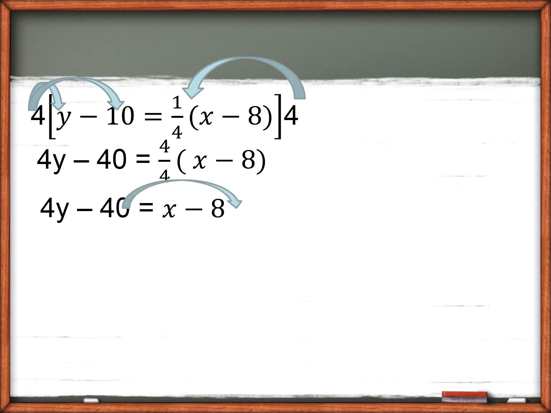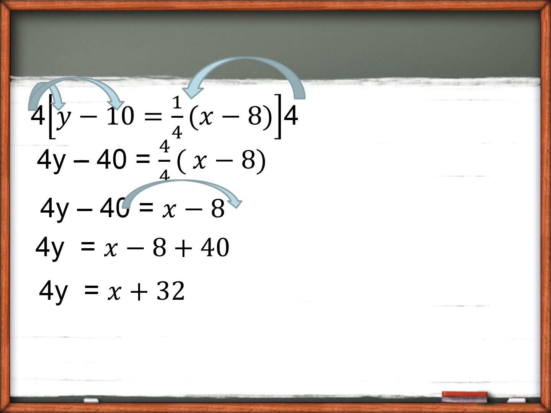Transposing negative 40 to the right side of the equation, we have 4y equals x minus 8 plus 40. Since negative 8 and positive 40 are like terms, we need to combine them. So we have 4y equals x plus 32. Going back to our problem number 2, we need to determine the equation in slope-intercept form.